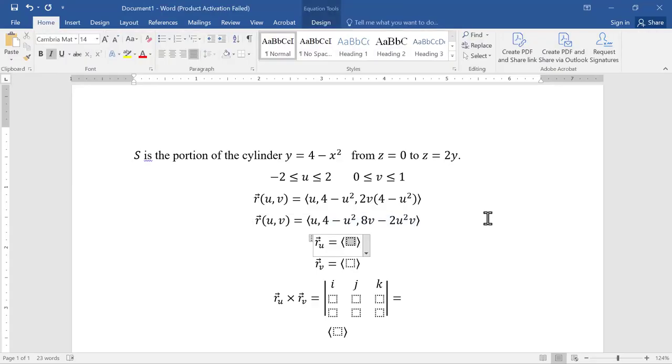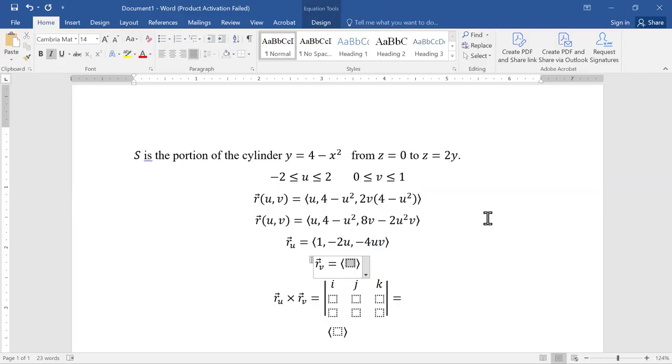Now let's take the derivative with respect to u. The x component, taking the derivative of that with respect to u, gives me 1. The y component, when I take the derivative with respect to u, I get -2u. And the z component, when I take a derivative with respect to u, I get -4u times v.